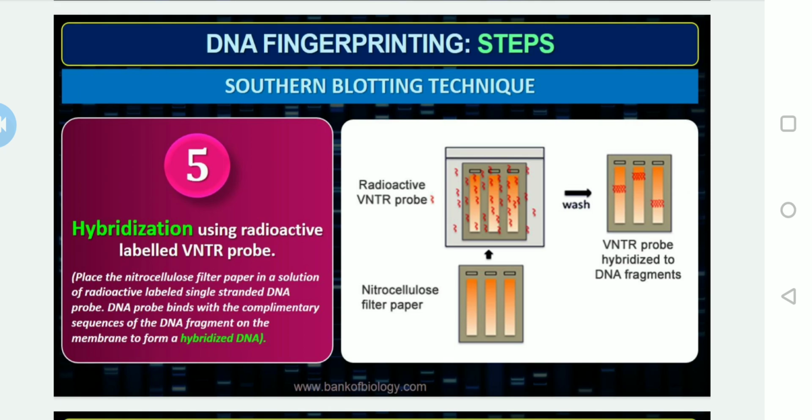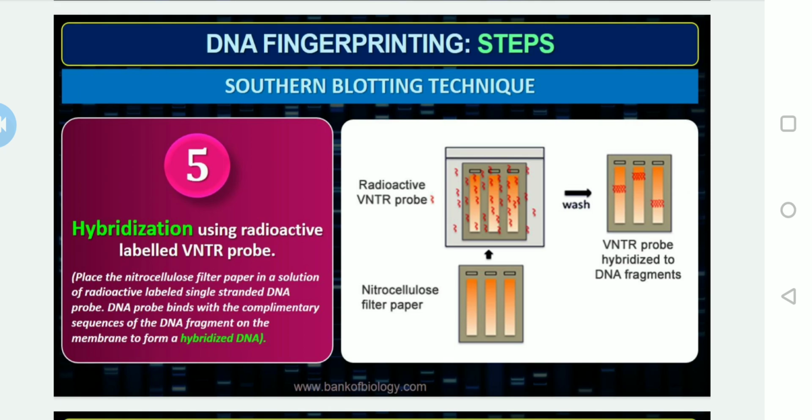The probe is a radioactive synthetic DNA of known nucleotide sequence generated by cloned restriction fragments. So the DNA probe binds to the restriction fragments on the nylon mesh. This is very important.